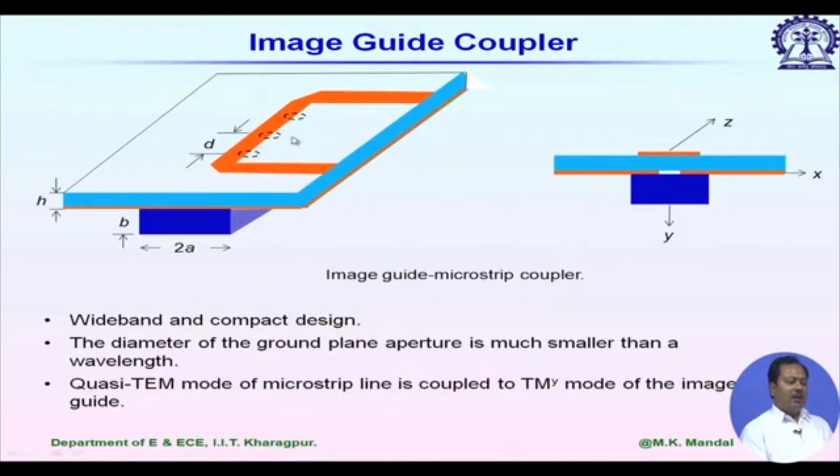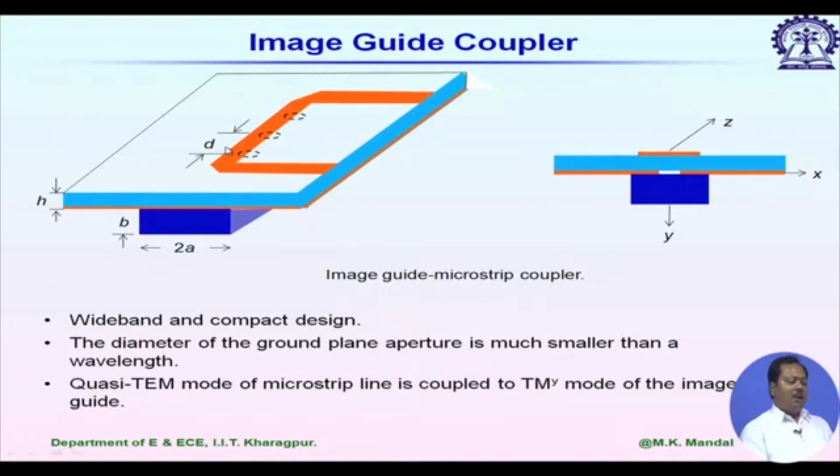I am showing you another example here. Port 1 and port 2 are in microstrip line technology, whereas port 3 and port 4 are in image guide technology. So, this particular coupler involves two different types of transmission line, waveguiding systems, and now the coupling is being controlled by some slots etched in the common ground plane.